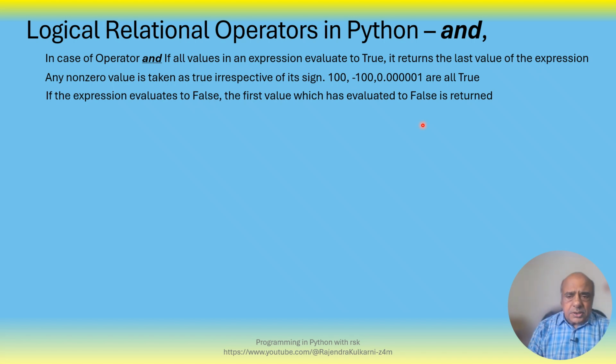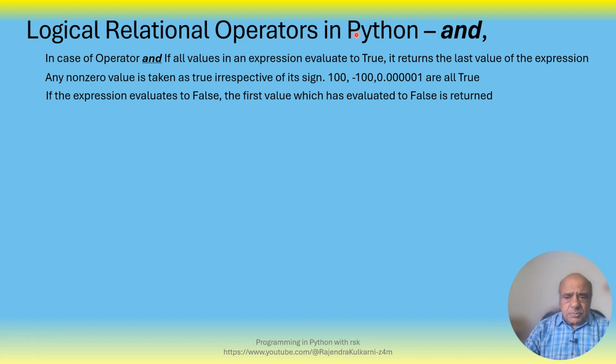In case the expression evaluates to false, the first value which has evaluated to false is returned. An expression evaluates to false if it encounters 0 or false.